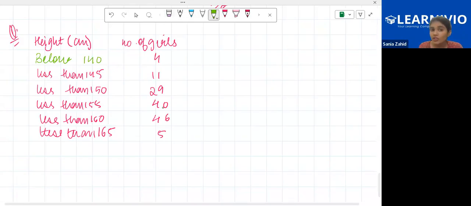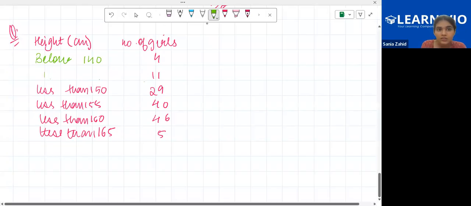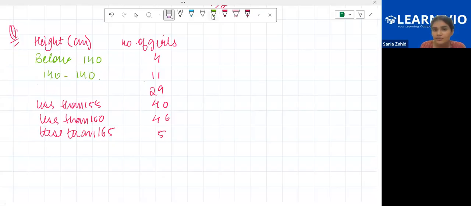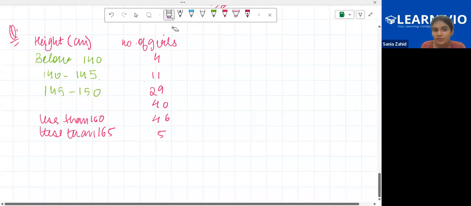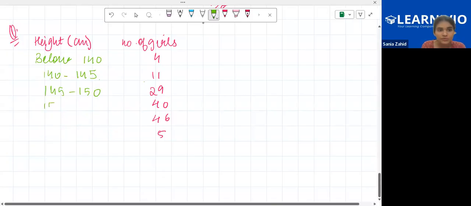From 140 to 145 centimeter, there are 11 girls. So here I can write 140 to 145. This is one class. Second, what can I write over here, Umer? 145 to 150. Here I can write down 150 to 155. And like this, I can convert it into a grouped frequency distribution.